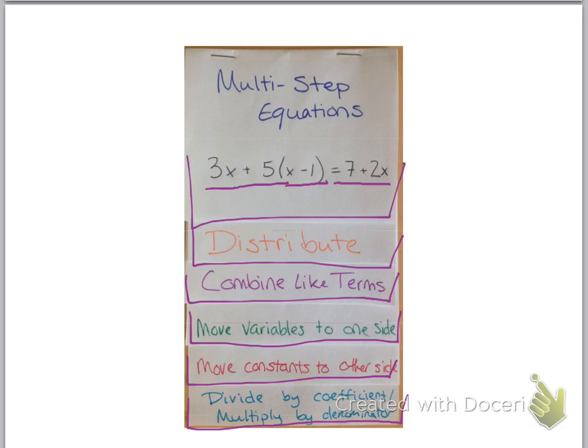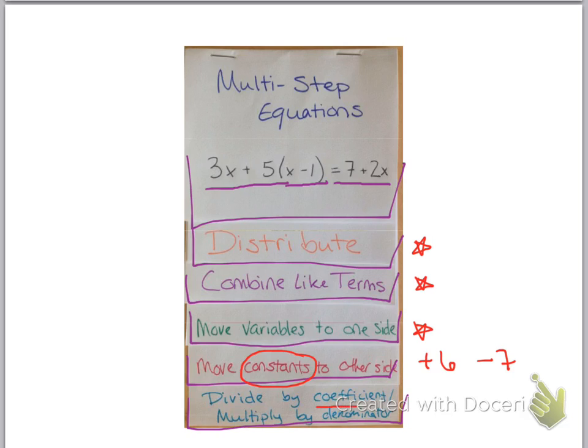Now, before you get busy writing all that, let's make sure you understand these words. You know what distribute is. You know what combine like terms is. You know what a variable is. Do you know what a constant is? A constant is a number that's all by itself. It doesn't have a variable. So add 6 might be a constant, subtract 7 might be a constant.